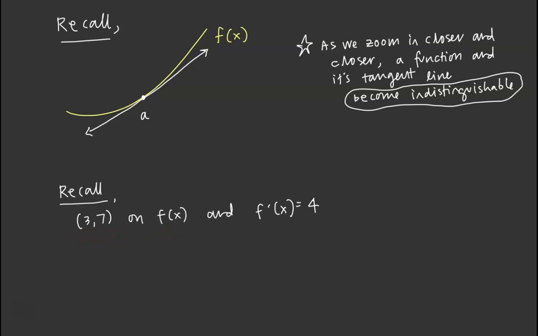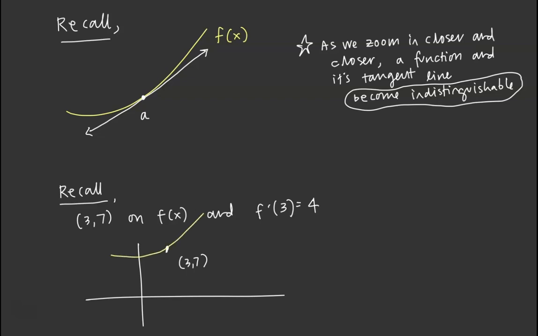And so also recall that if, for example, the point (3, 7) is on f of x, and we also know that f prime at 3 is 4, so in this function, 1, 2, 3, 7 is sitting on this function.